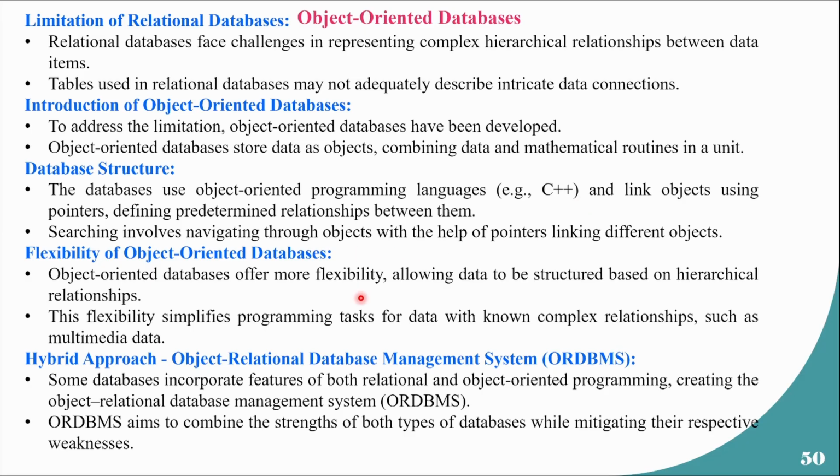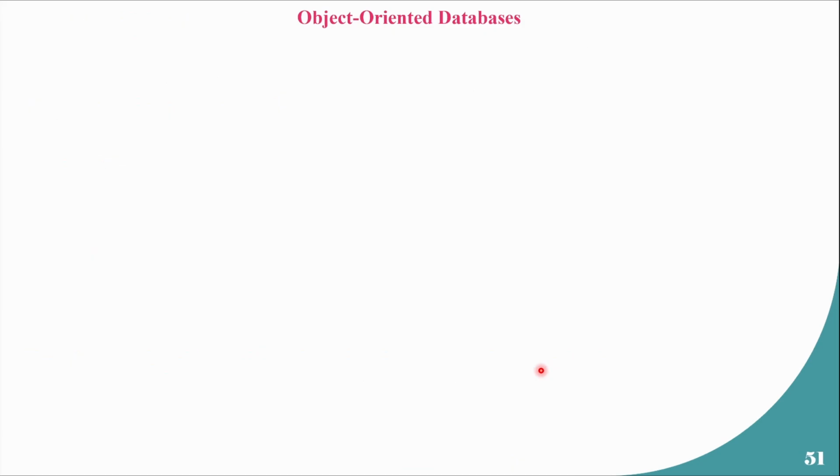We'll see that in the next slide. And of course, since relational databases also have a rigorous mathematical foundation underlying them, combining the advantages of relational databases with object-oriented databases gives us a hybrid approach for organizing and creating databases, which most modern systems employ, right?